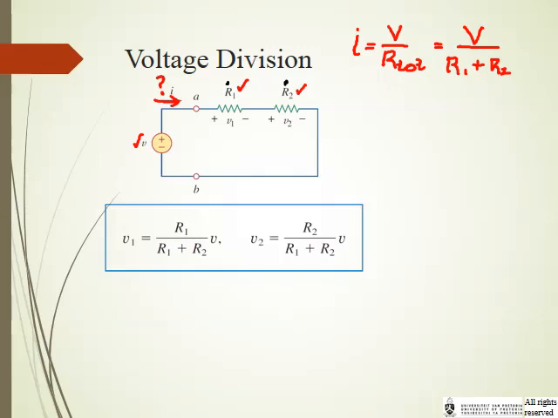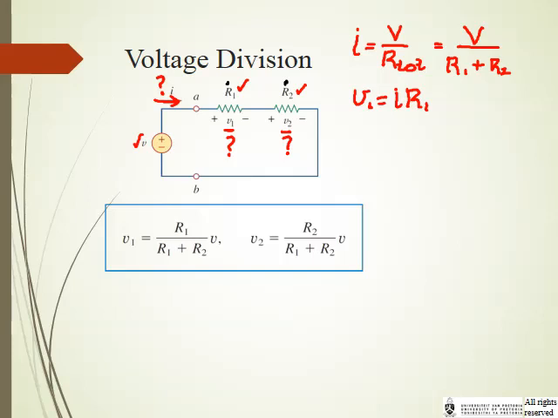But we want to know what the voltage is across R1. What is V1 and what is V2? So let's write down Ohm's law again. V1 equals I, the current flowing through the resistor, times the resistance R1. But wait a minute, we know what I is, so let's substitute.